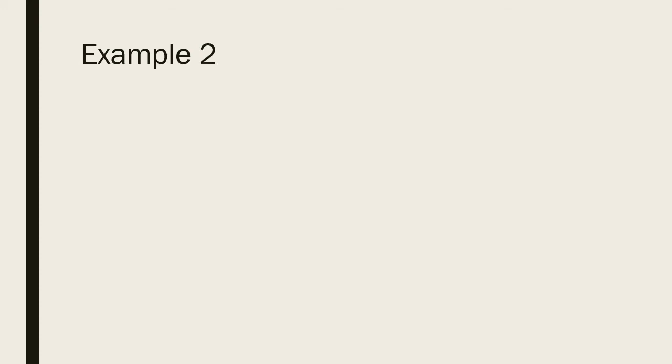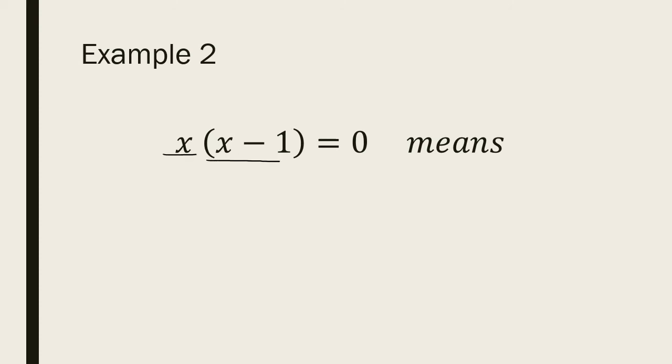Second example, we have x times x minus 1 equal to 0, which means that we have two factors multiplied by each other and their product is 0. That means it's either the first factor x is equal to 0 or the second factor, which is x minus 1 equal to 0, or both are equal to 0.